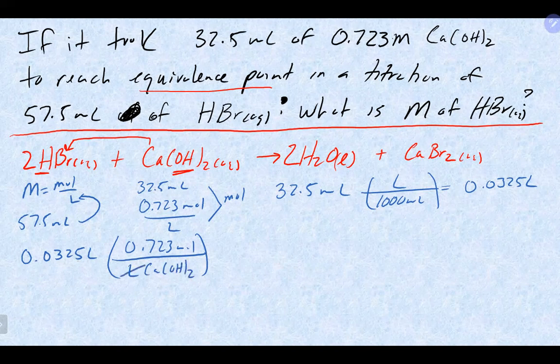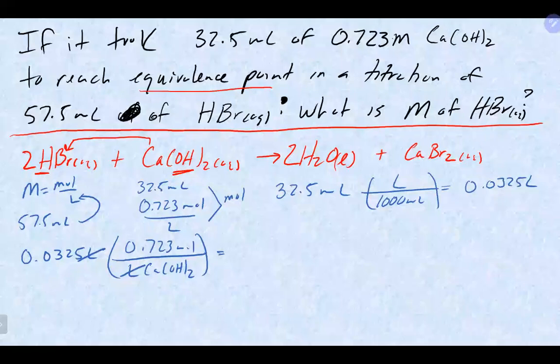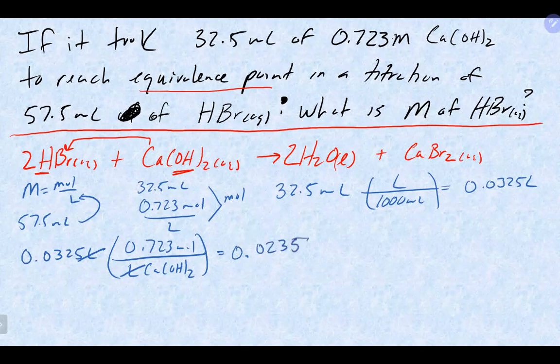If I stop right at this point, I will now have the moles of calcium hydroxide. If you want to get a number, you can. If you don't, you can continue on with the calculation too. If I did get a number here, I would have, we'll call it 0.0250 moles of calcium hydroxide.